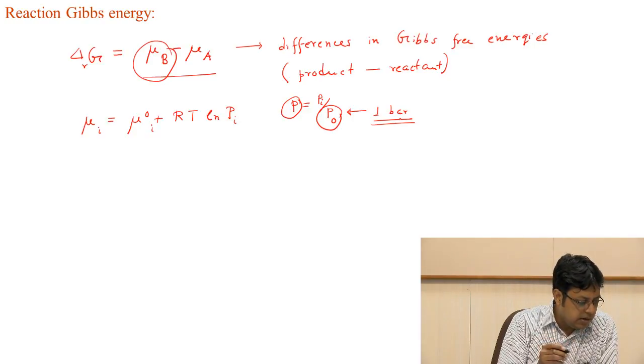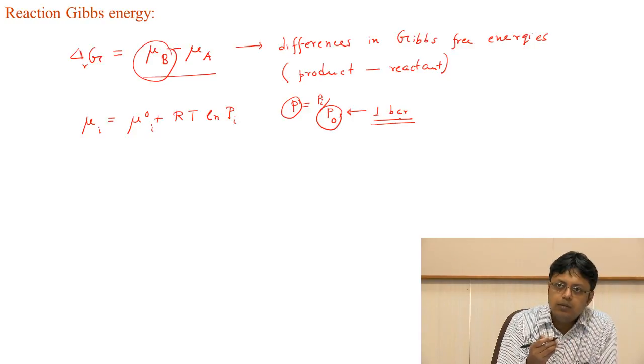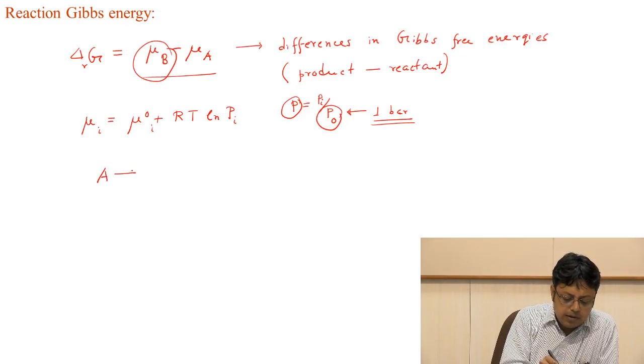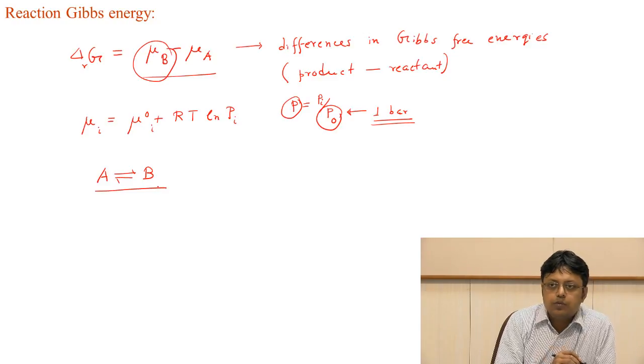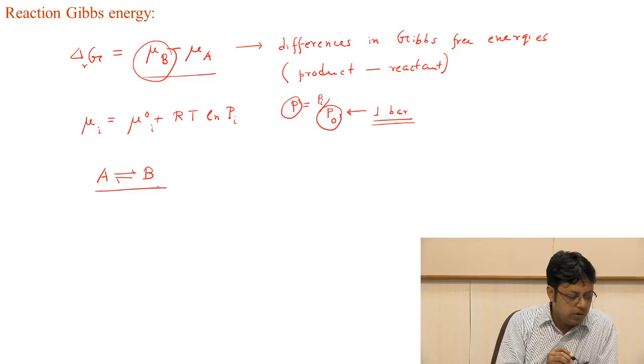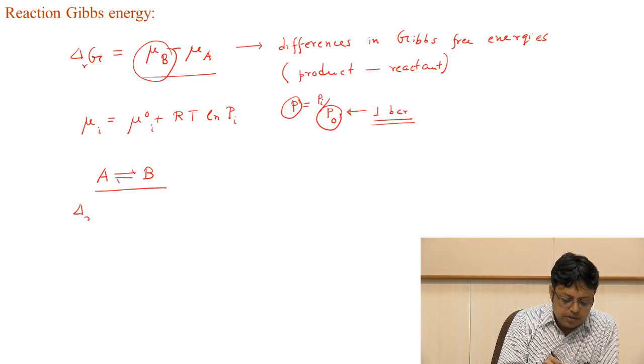Now, let us again take a very general argument. We'll see what happens if I include the nu C, nu D, all these cases. But for the timing, let us stick to this particular reaction where the stoichiometries are also 1:1. For this reaction, we already know that the reaction Gibbs free energy change is nothing but mu B minus mu A. Now, we can expand it using this equation.